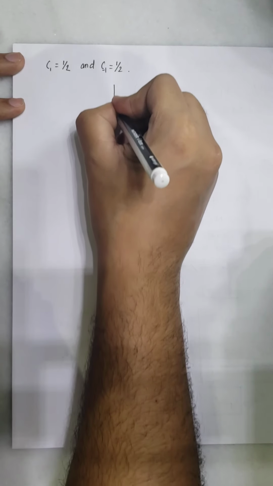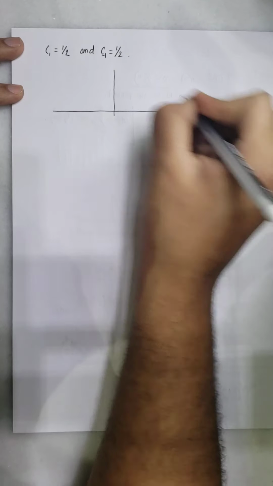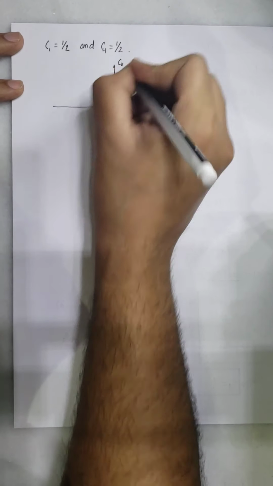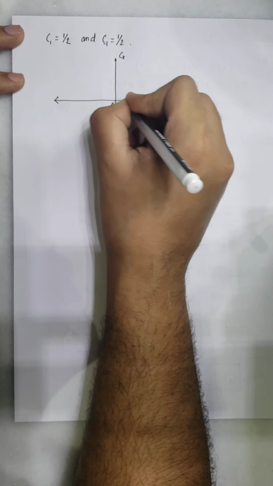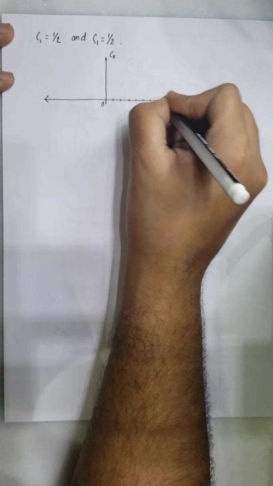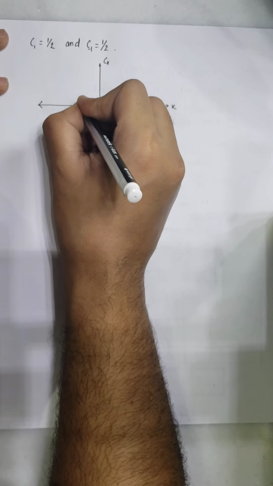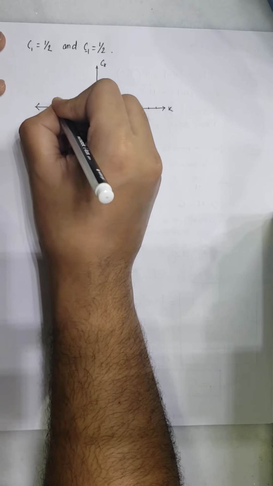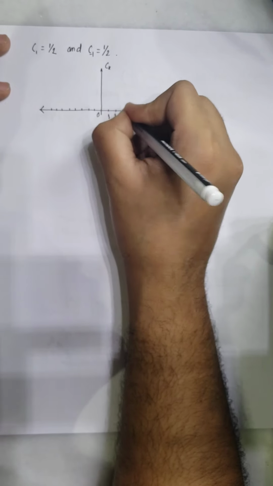So if we plot C of k with respect to k, this being 0, this is the first sample, 1, 2, 3, 4, 5, 6, 7, 8. And this side 1, 2, 3, 4, 5, 6, 7, 8.